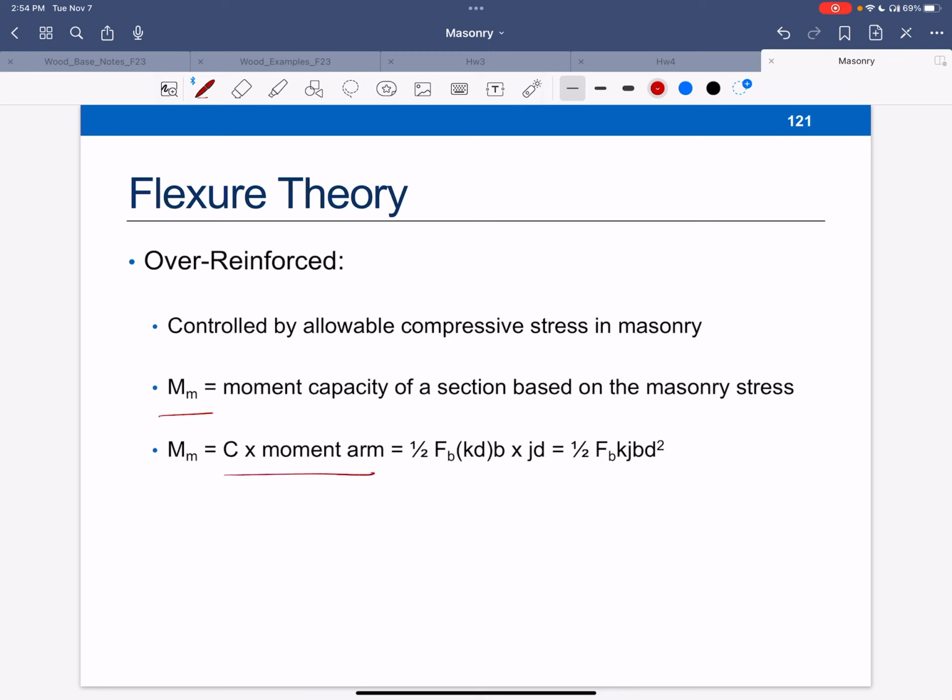That's going to be C times the moment arm. Here's my F sub b. So C is half base times height, right? Here's my stress times jd, the moment arm. And this is my formula for the moment in the masonry.